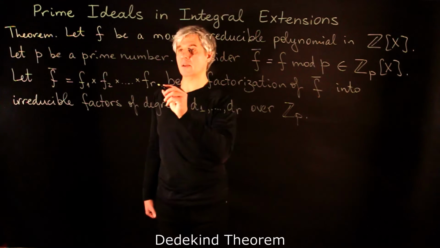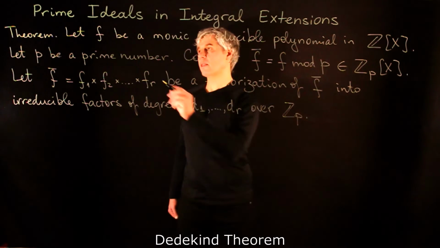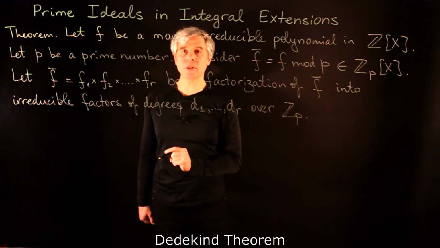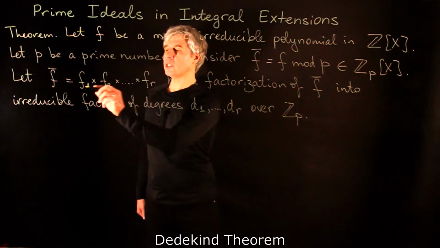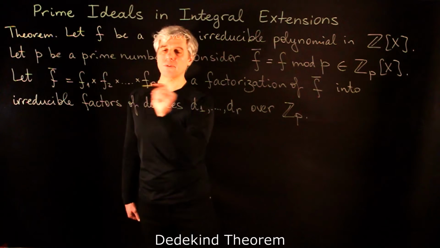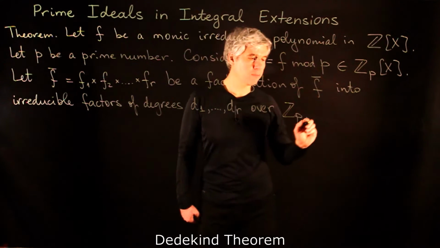So this means that in Z[x], the original polynomial is irreducible, but when we take the reduction mod p, possibly this polynomial will factor into irreducible factors.